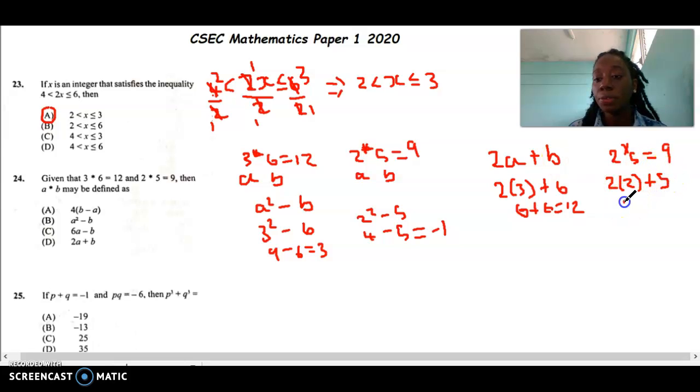So 2 2s is 4 plus 5 is equal to 9. So there you have it. Now the expression 2A plus B satisfies these two conditions. So my answer is D. Moving right along.